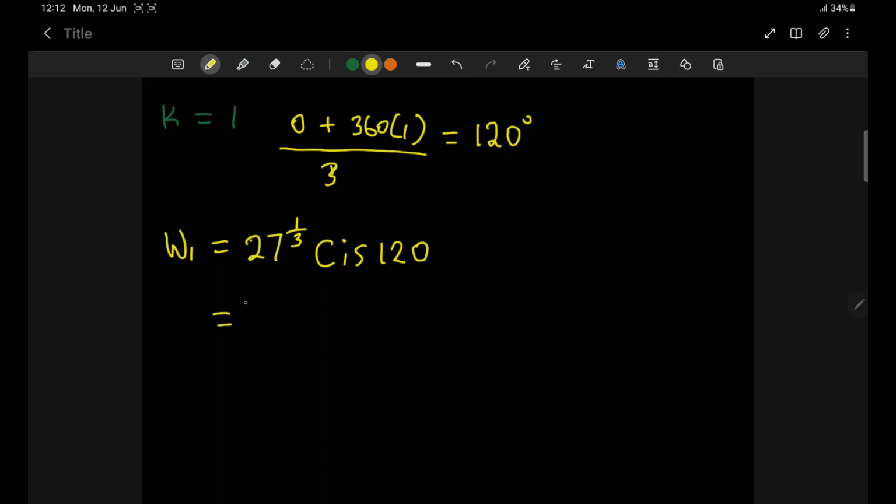The cube root is 3, so we have cos 120 plus i sine 120.